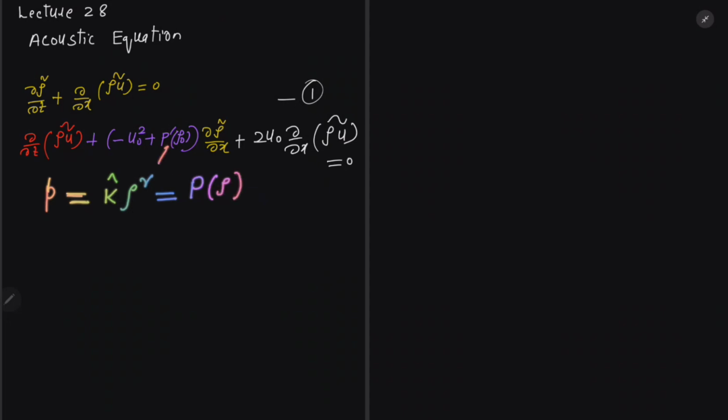And this same quantity, capital P, has appeared over here, but with derivative P dash rho naught. So this is a capital P.